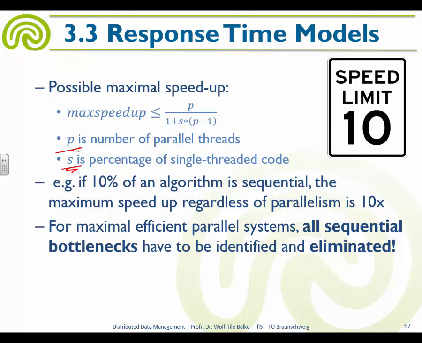So if 10% of an algorithm is sequential, it does not matter how much iron you have to kill it, how many computers you have, or how many units you can distribute it to. The maximum speed up that you can get is 10 times, until you need the next synchronization between the parts, and then you have the longest running part of 10%, right?